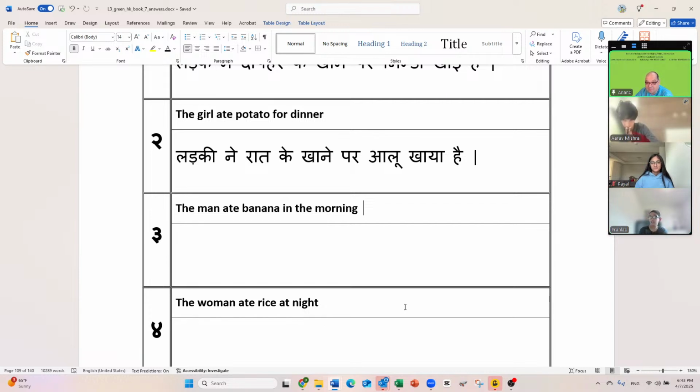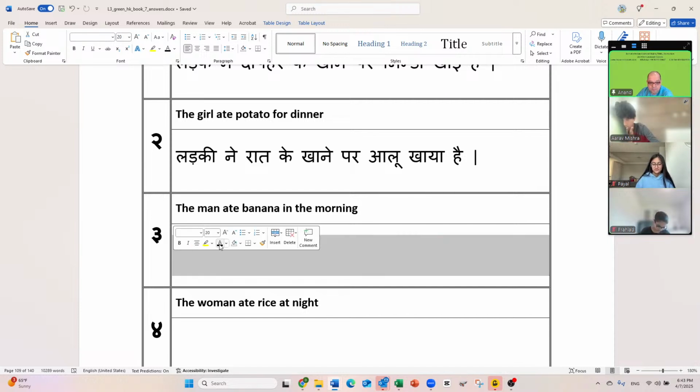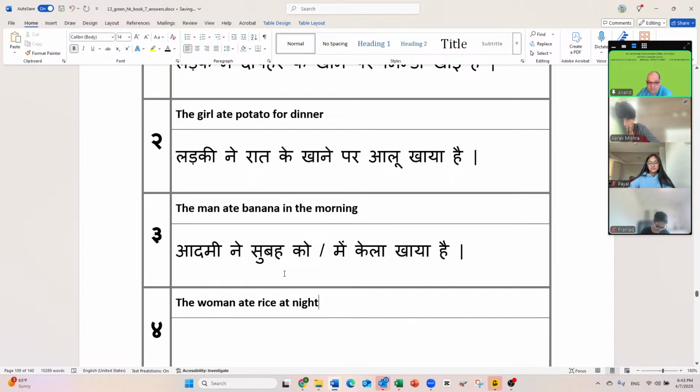Banana is केला. Is kela male or female? Male. So, आदमी ने सुबह को केला खाया है. आदमी ने सुबह को और सुबह में केला खाया है.